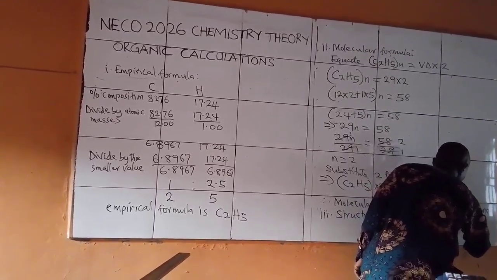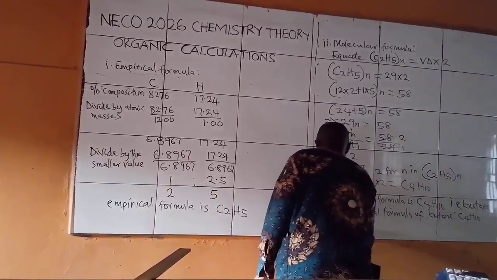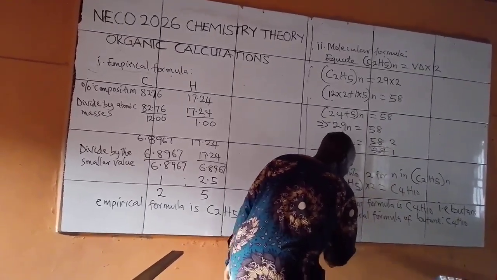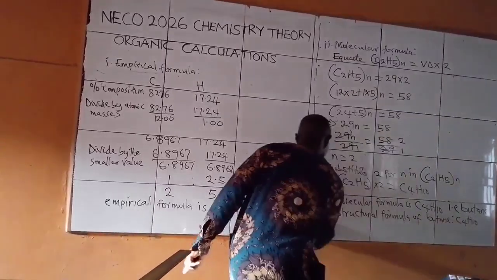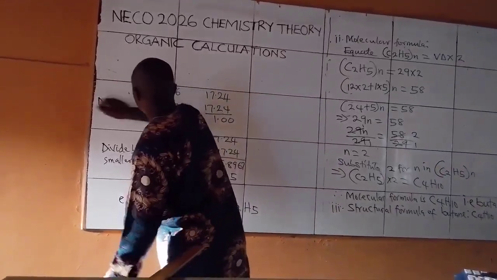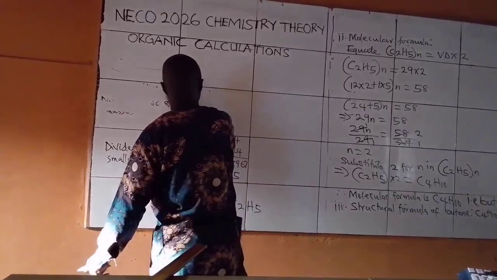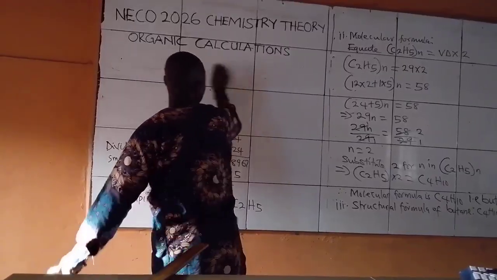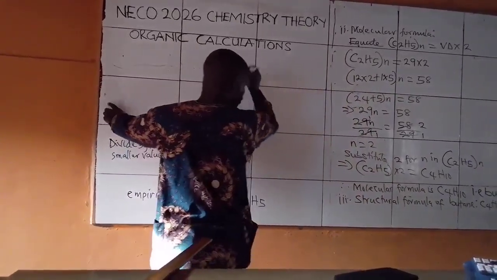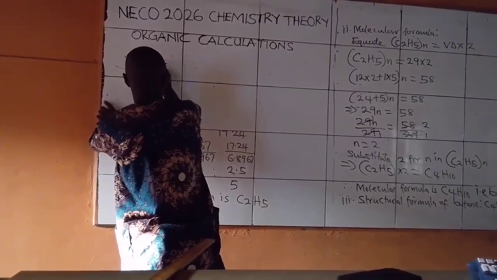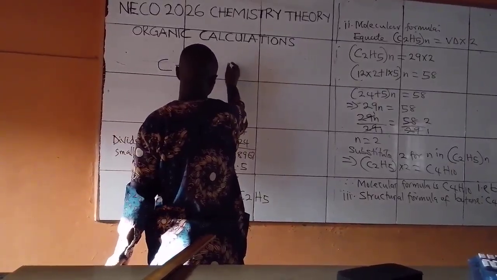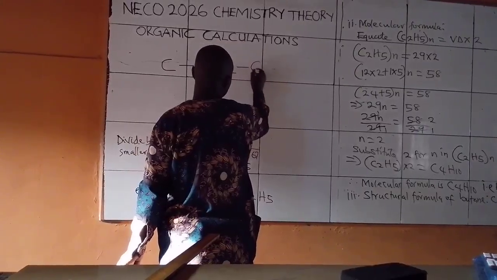And C4H10 is equal to C. So the structural formula is this one: carbon atom bonded with another carbon atom bonded with another carbon atom.